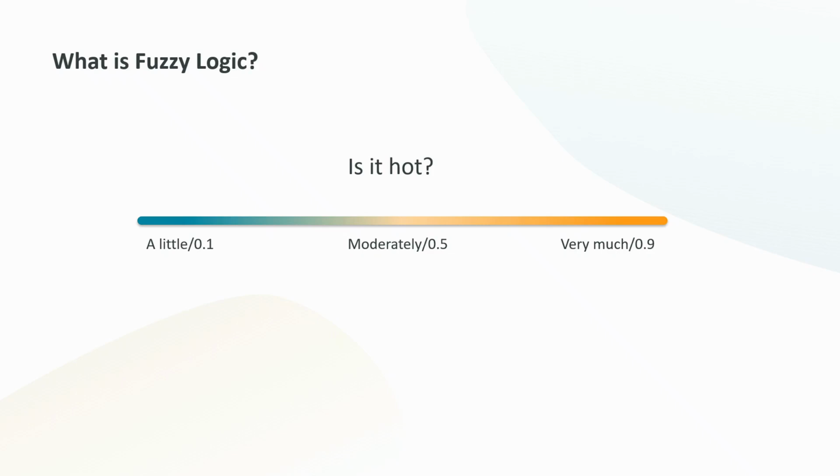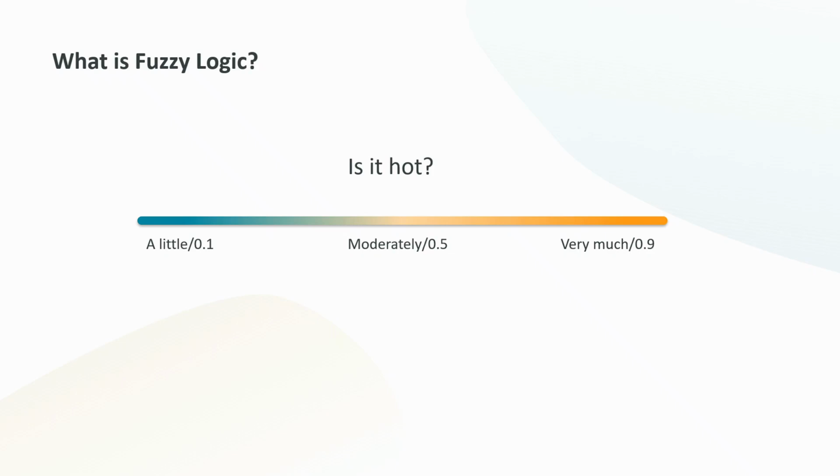Fuzzy logic deals with statements of partial truth, and this way we can imitate natural language and human reasoning. So what do I mean by that? You already see this question, is it hot? In natural language, we don't have a definite yes or no. We usually answer with some kind of vague answer.